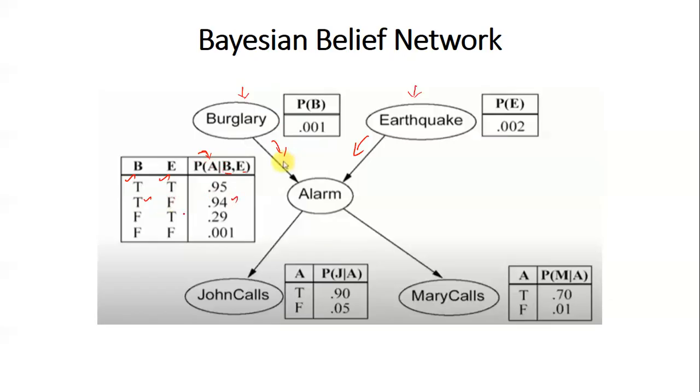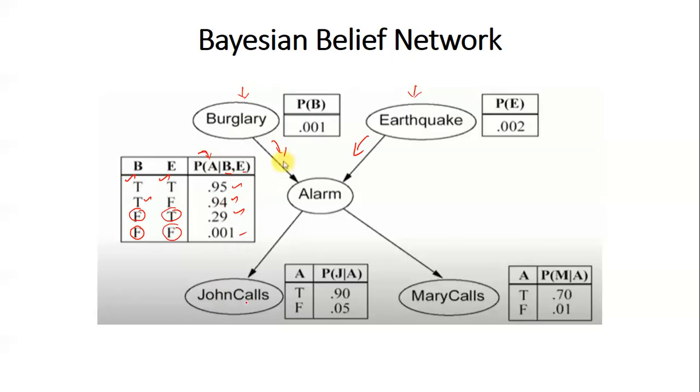And what is the probability that the alarm will make noise given that there is no burglary but there is only an earthquake? In that case, the chance that the alarm will ring is 0.29. And what is the probability that the alarm rings given that there is no burglary and no earthquake? That probability is very low, it is 0.01.